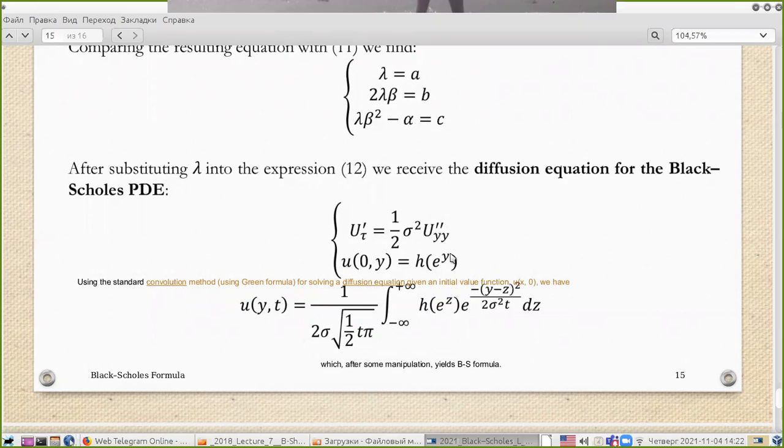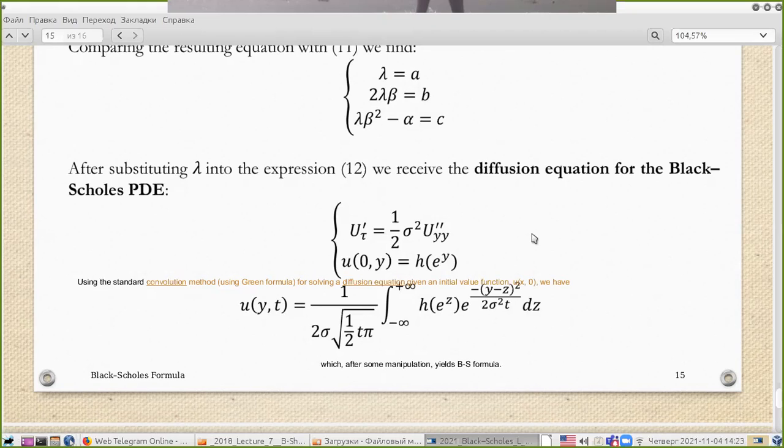It's another problem, and it is a very technical, difficult problem, and we can solve this using the standard convolution method. It is using the Green formula, and maybe you remember this from equations of mathematical physics. Maybe you don't remember, I don't know.